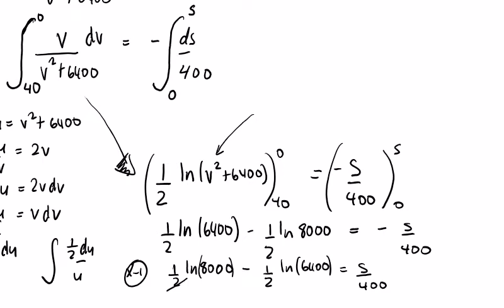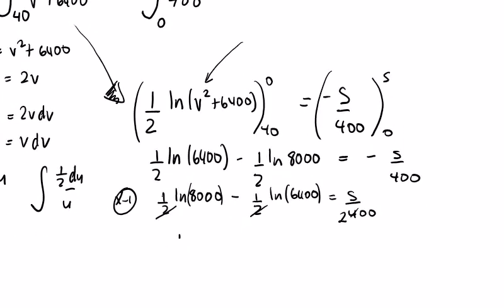So if I multiply everything by 2, I put a 2 on top here, I'm going to get s over 200. So I get the natural log of 8,000 over 6,400 is equal to s over 200.